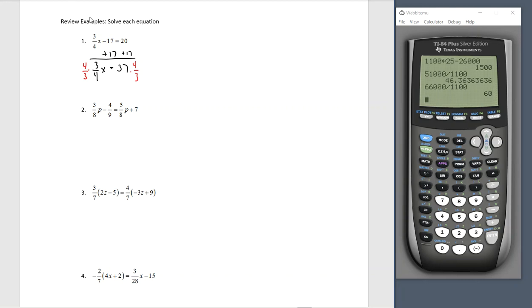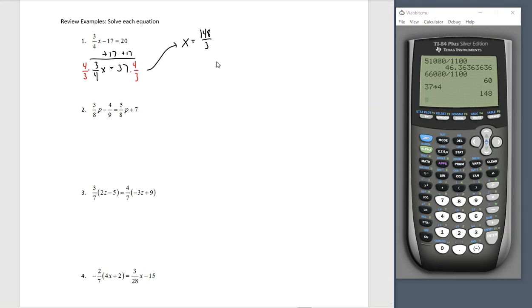Because when we multiply by the reciprocal, on the left side, 4 times 3 is 12, 3 times 4 is 12, 12 over 12 is 1, so we have x. On the right side, there's no simplification here, so 37 times 4 is 148 divided by 3.